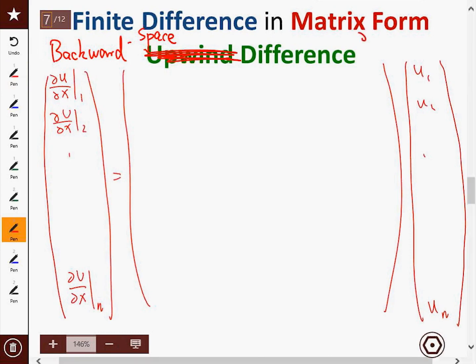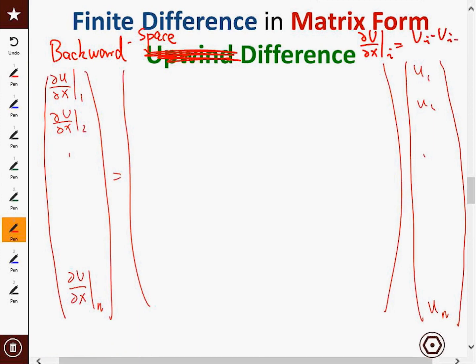And a backward space difference is partial U, partial x at i is equal to Ui minus Ui minus 1 divided by delta x.